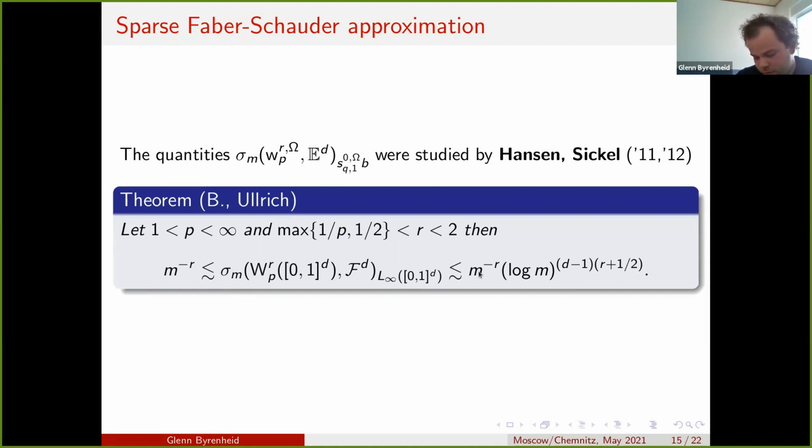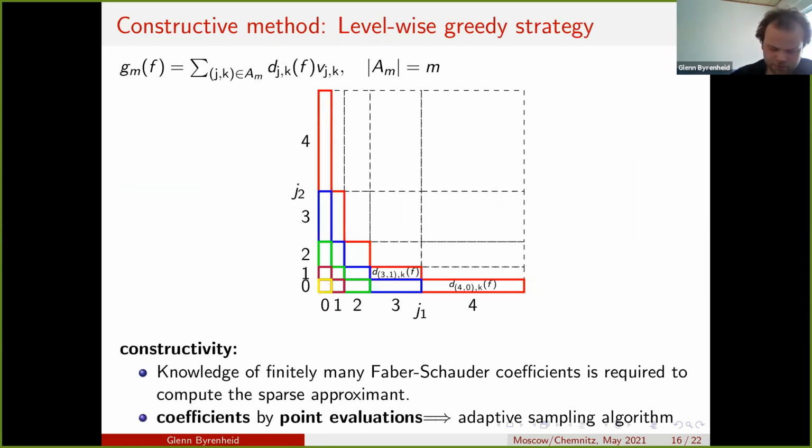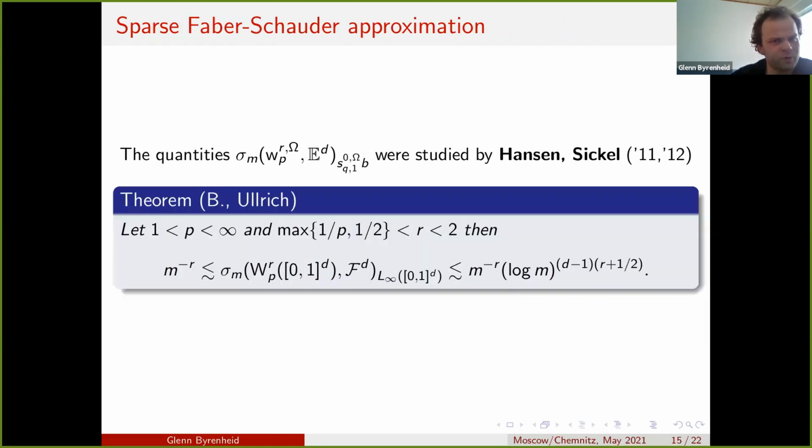Here we have the main rate m to the power minus r multiplied with some logarithmic term. And we can even bound the whole thing from below by m to the minus r. So we don't know anything about the sharpness of the logarithm at the moment. Let me first explain the method that realizes such a rate.